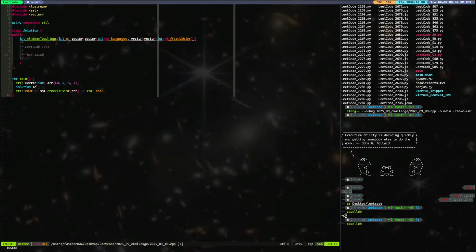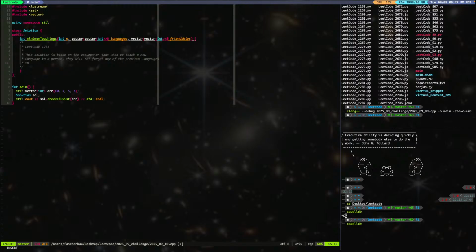So this solution is based on the assumption that when we teach a new language to a person, they will not forget any of the previous languages that they already speak.